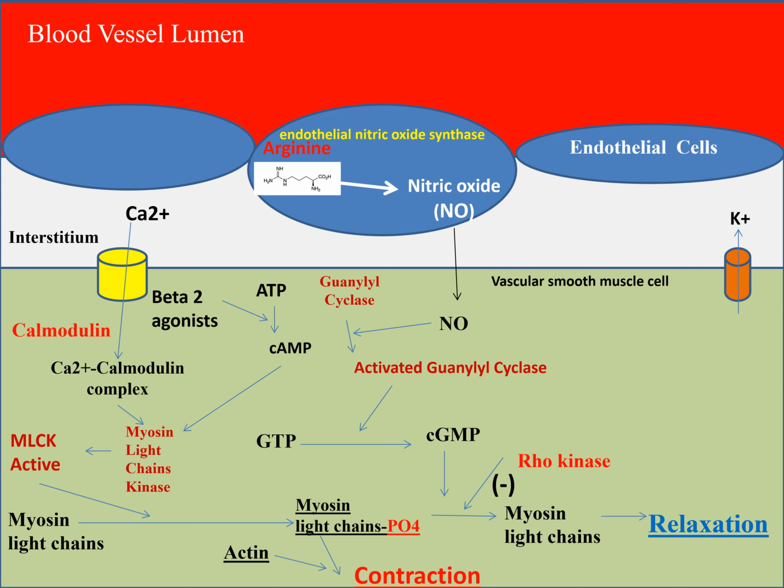And again, cyclic AMP is going to work through the myosin light chain kinase to convert it mainly to a phosphorylated form, which will be inactive in this case, because we are taking it away from the calmodulin. So that finally will lead to a relaxation.